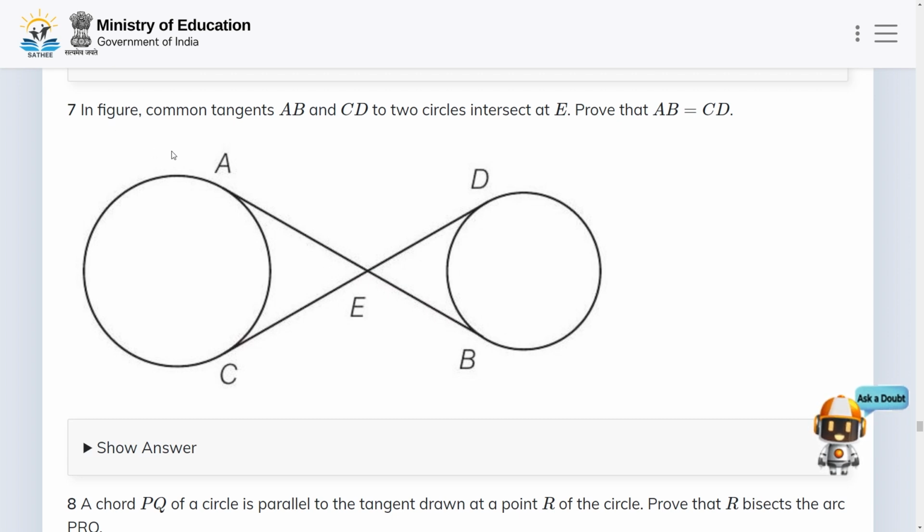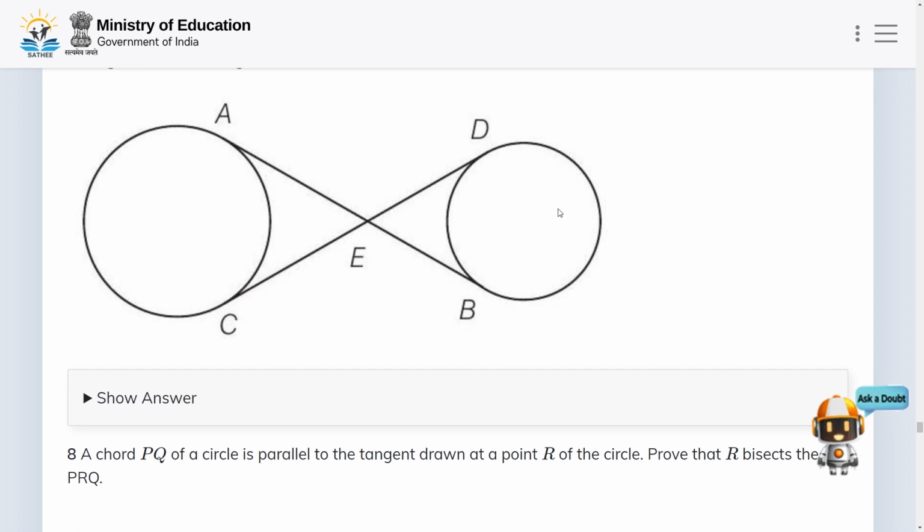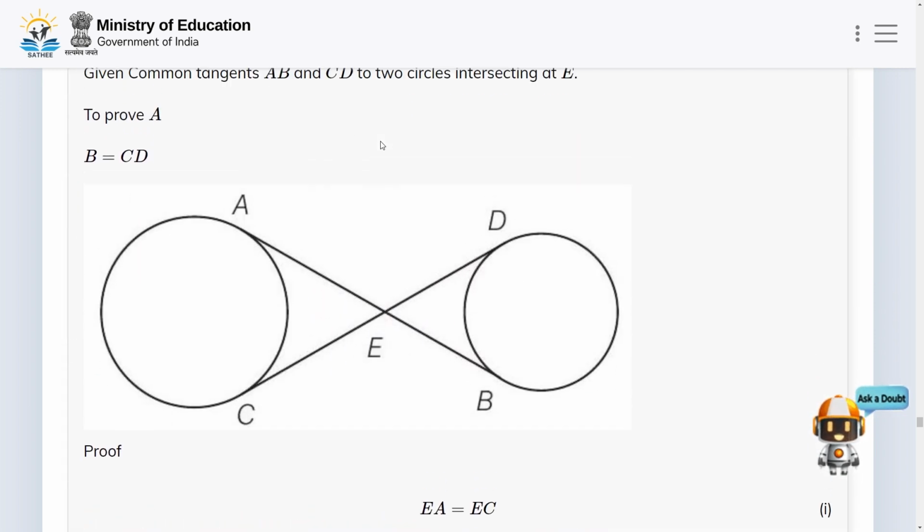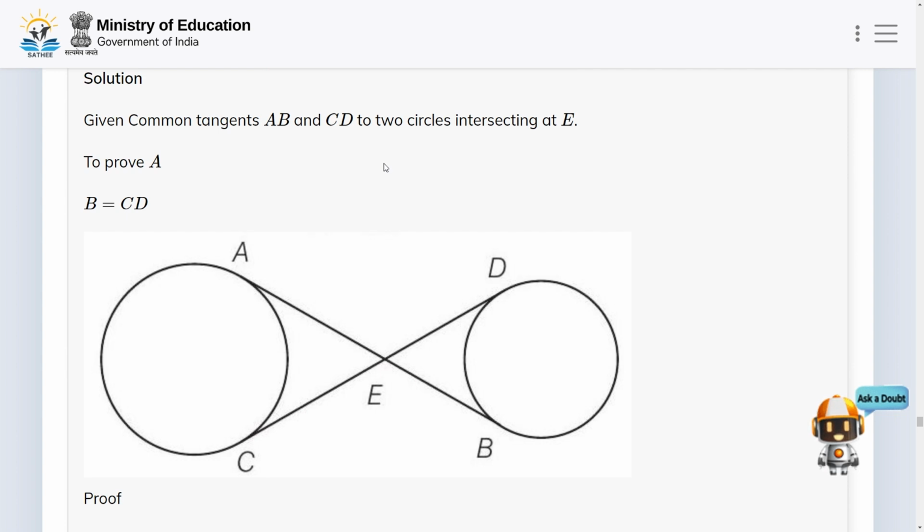In the figure, common tangents AB and CD are to two circles intersecting at point E, and we have to prove that AB is equal to CD. So let us prove this problem. Given common tangents AB and CD to two circles intersecting at point E, to prove that AB is equal to CD.